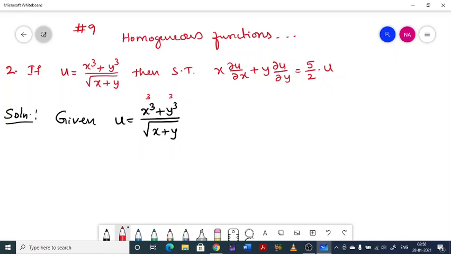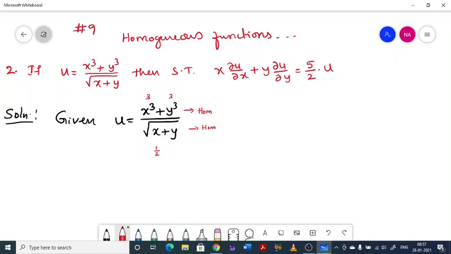In the denominator there is only one term, and that has degree 1 by 2. Now in the numerator, since each term has the same degree, this will be homogeneous. The denominator is also homogeneous.